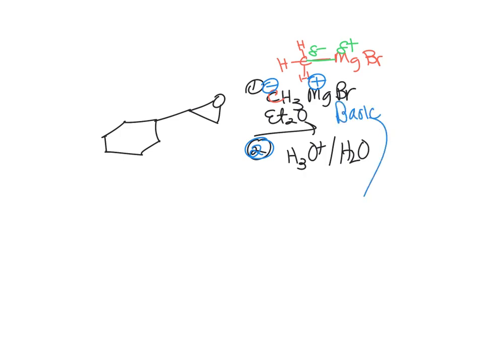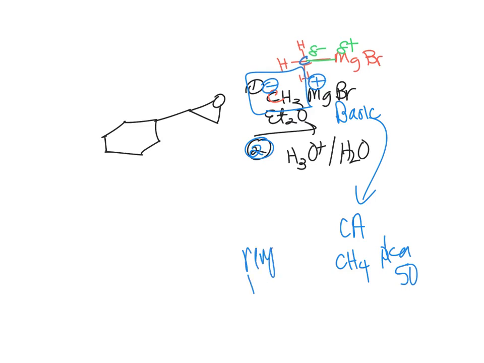If you don't believe me, take the conjugate acid of CH3. What's the conjugate acid of that? That's CH4, with a pKa of about 50. So this is a very, very strong base. Grignards are very basic, and that means that these electrons will open the epoxide from the least hindered side.